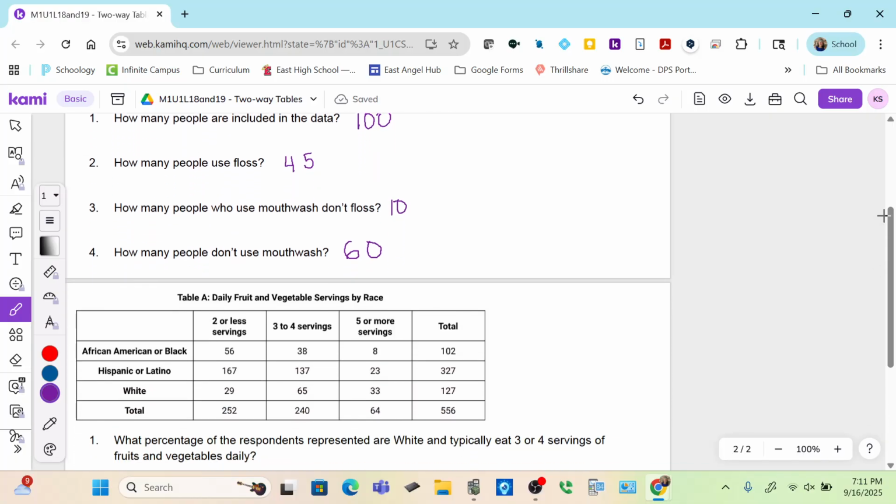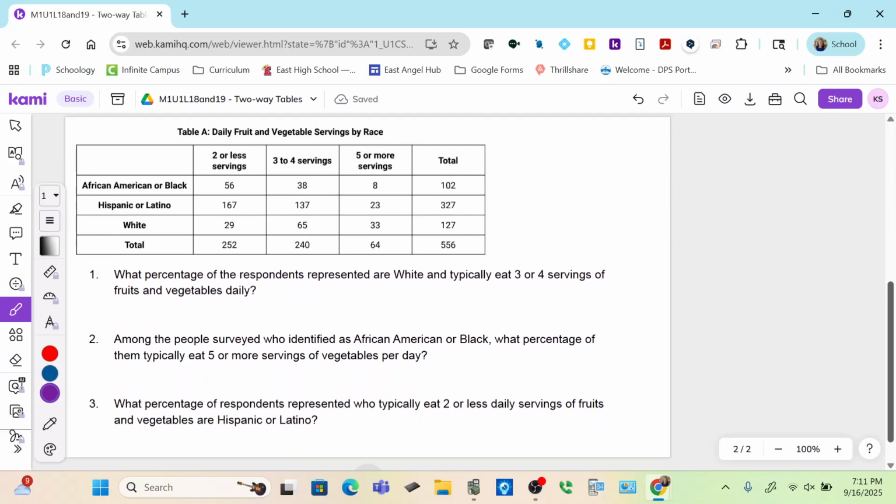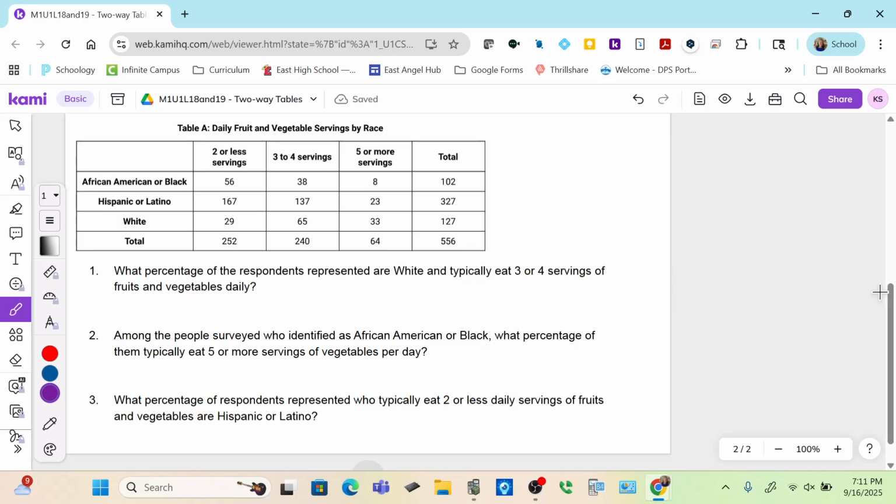What you see here is some data from a survey given in Denver a few years ago, and it is comparing daily fruit and vegetable servings by race. So we have people who identify as African American or Black, people who identified as Hispanic or Latino, and people who identified as white.